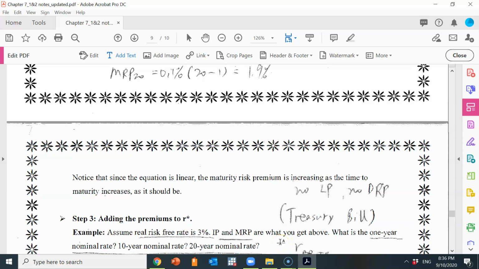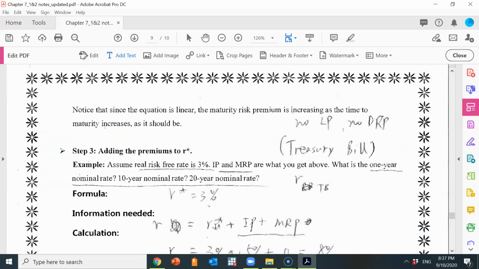You can pause the video, try to solve this question yourself, and then we'll come to the solution after you finish working on this on your own. You can resume the video now if you have finished step 3, and let's look at the solutions here.